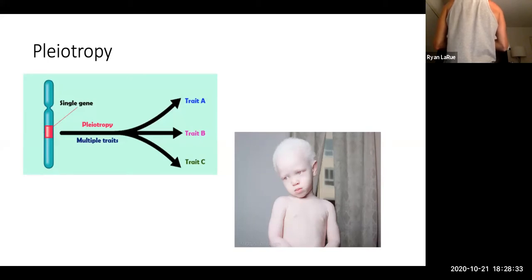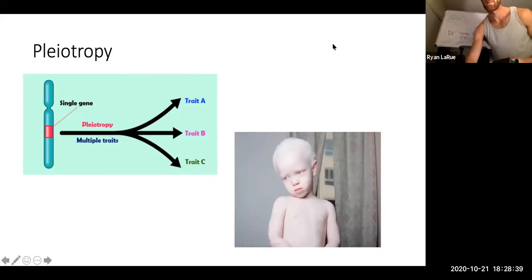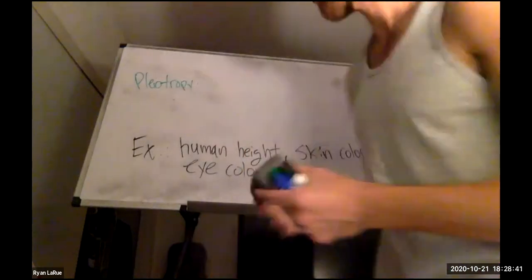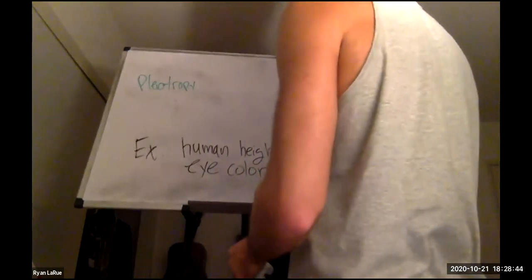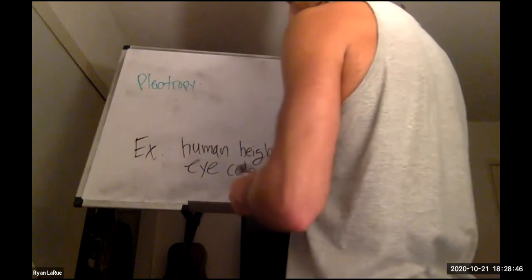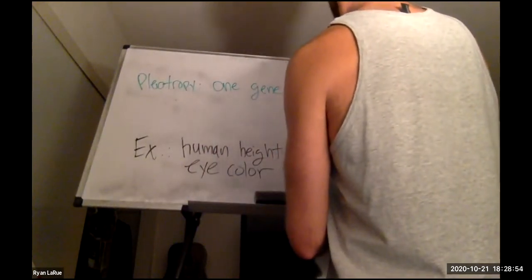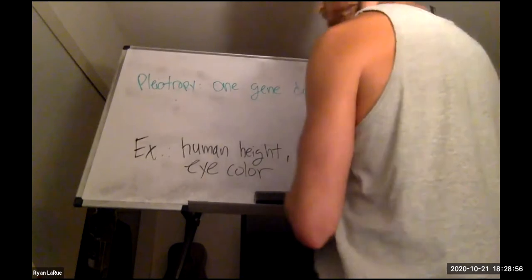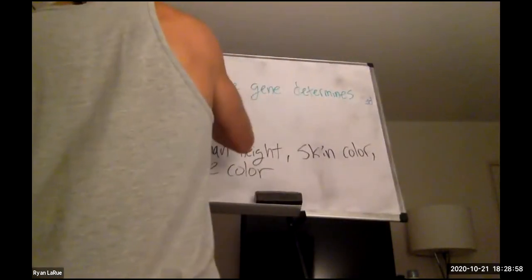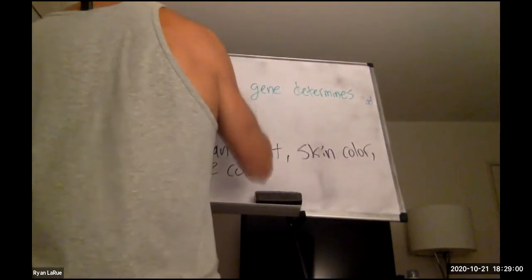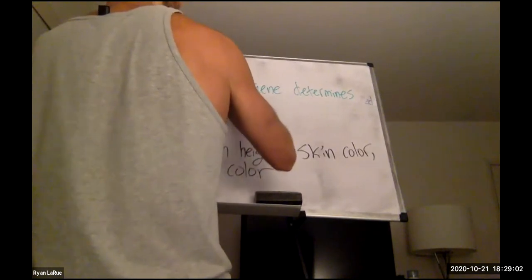So pleiotropy is when one gene determines multiple phenotypes. More than one, multiple phenotypes.